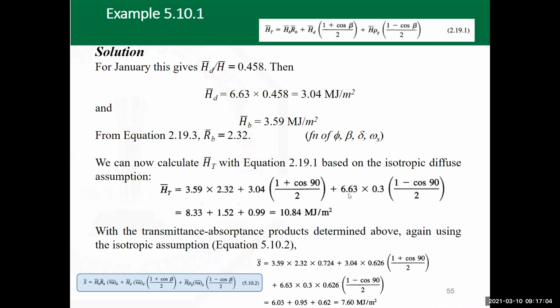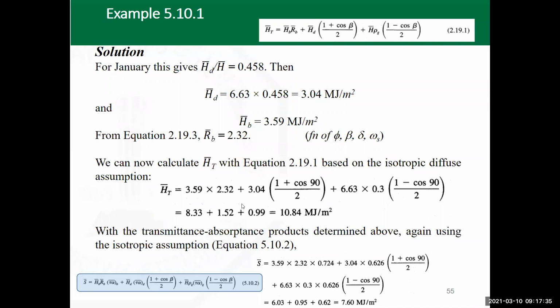And then here we have plus the total value of H multiplied by rho ground, the reflectivity of the ground, into the shape factor. From here, you can calculate the average value of H for the month, which is 10.84. This average value has been obtained from components of average beam radiation, average diffuse radiation, and average reflected ground radiation for the month of January.